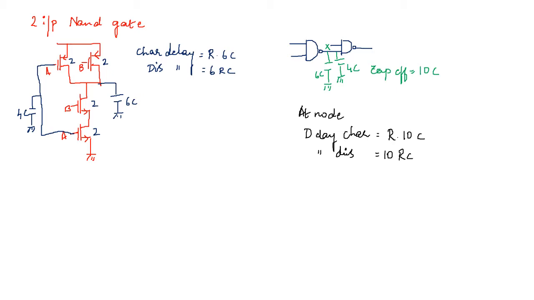Now, if I have to normalize this delay with respect to the unit inverter, then I divide 10RC by 3RC, which is the delay of the unit inverter, and therefore I can write this as 10 by 3. This further I can write as 2 plus 4 by 3 into 1. Let's see why we wrote it like this in some time.